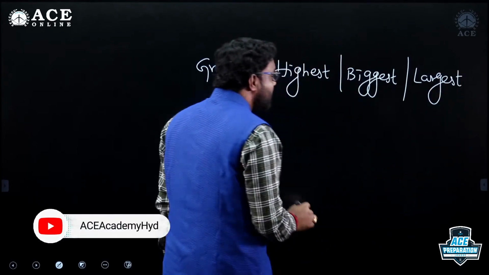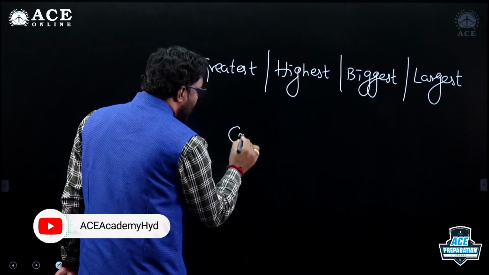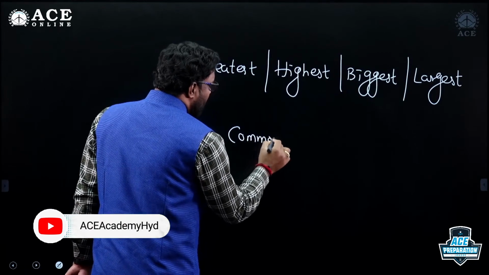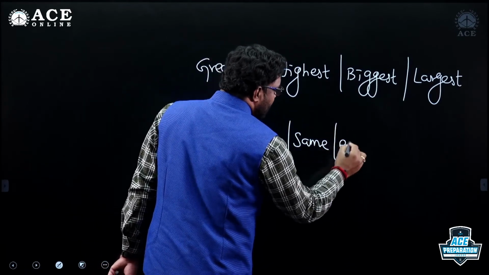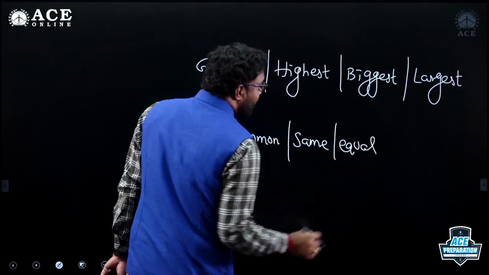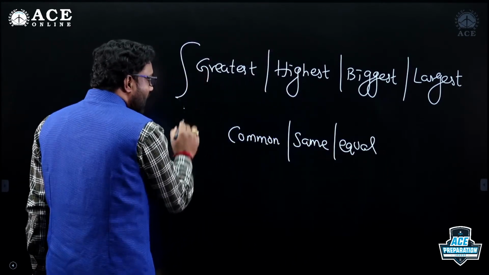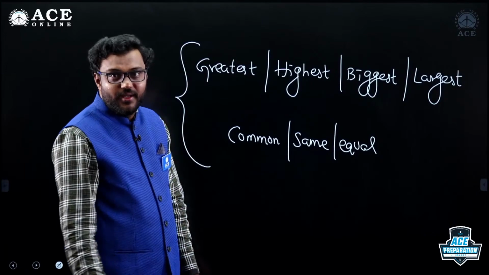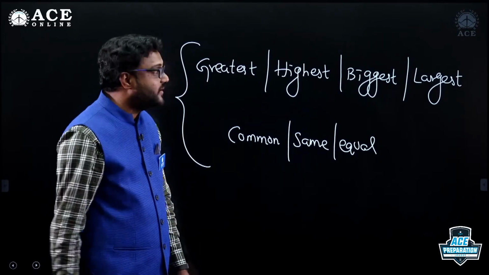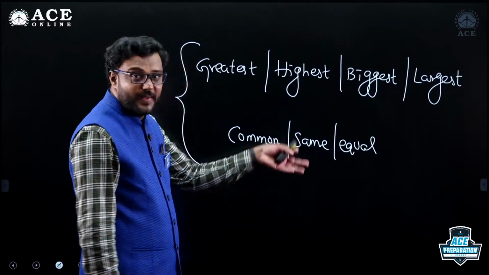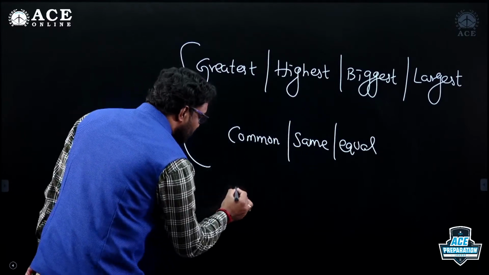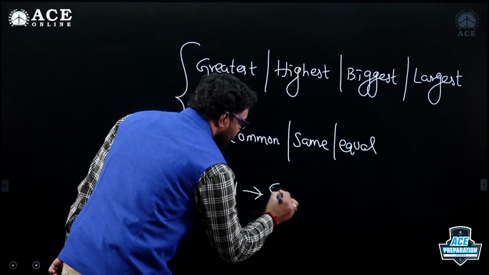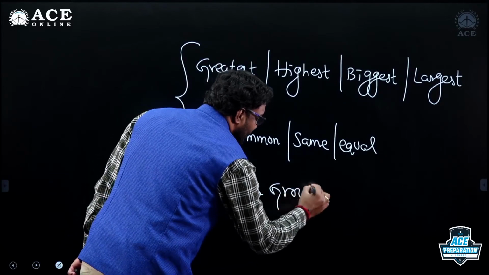Along with this, you can see the words common, same, equal, exactly. But this is also not the only decision. Along with this combination, you have to see in the question greatest, highest, biggest, largest, common, same, equal. Along with this combination, we should know that one number is dividing the group. That combination also we have to verify.